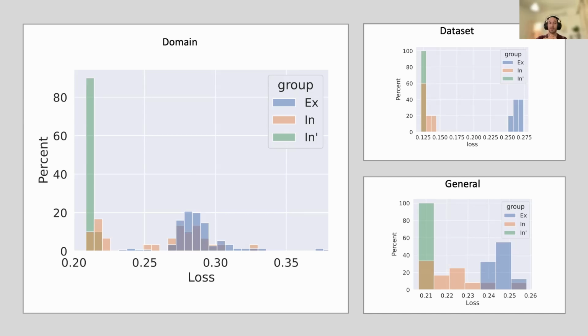Again, this is related to the similarity between models and performance. The more interesting here would be that the green bars, the models between the fine-tuned models, are on the most left. So those have the lowest loss, which means that if we just pick models at random between, let's say, the NLI fine-tuned models, we would find models that are better than the fine-tuned models in general for NLI datasets.